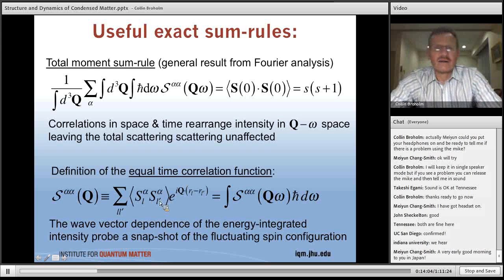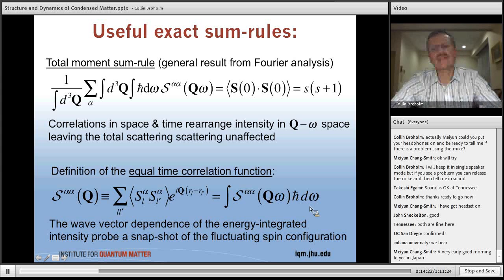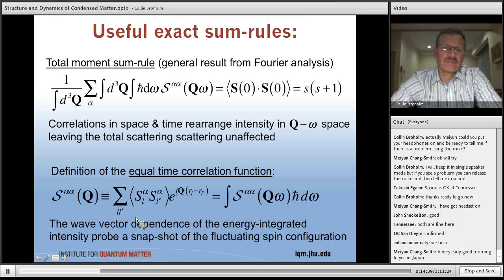And this equal time correlation function, again relating to what I said previously, can be associated with the energy integral of the full dynamic correlation function. So in a sense, by doing only the energy integral, we end up relating our result to the equal time correlation function. The energy integral brings us to time equals 0, if you will.